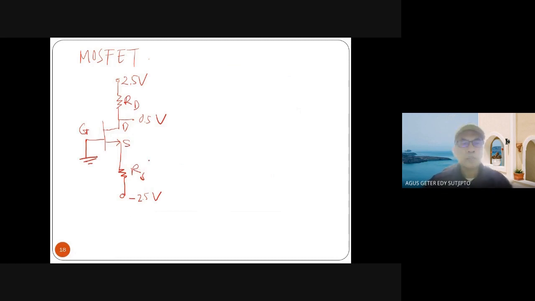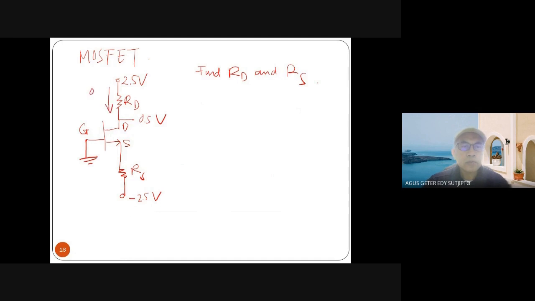Then we have a resistance at the D terminal, which is RD. There is the resistance in the S terminal, which is RS.